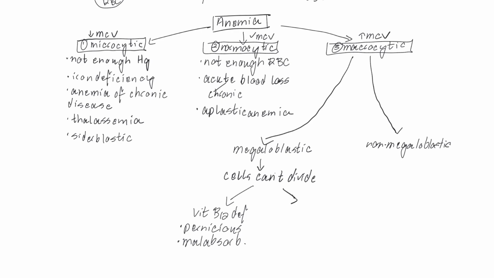And if you ever need to remember where different components of the oxygen carrying capacity of our blood get absorbed, there's an easy way to remember it. So in the duodenum, that's where iron is absorbed. In the jejunum, that's where folate is absorbed. And in the ileum, that's where B12 is absorbed.